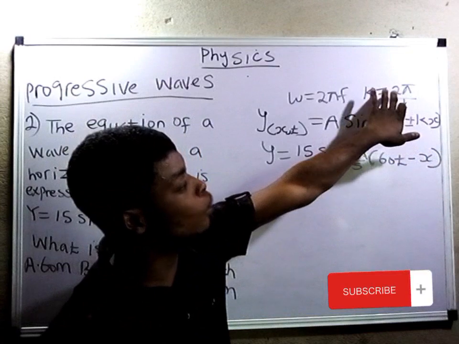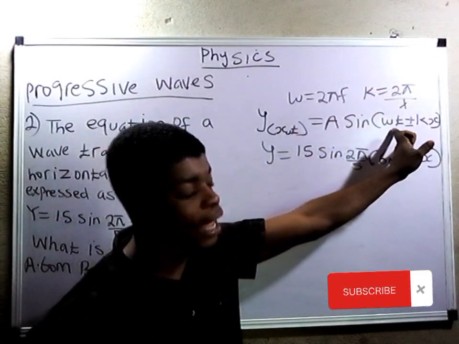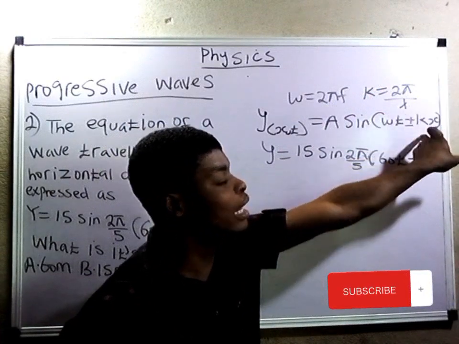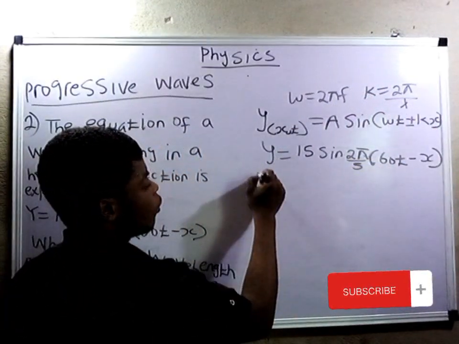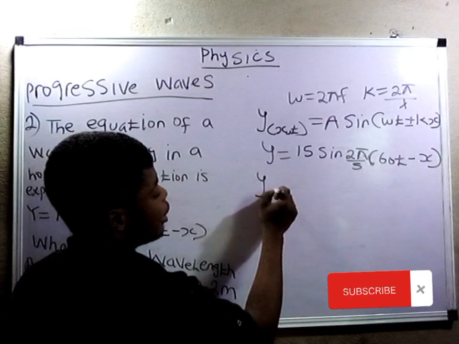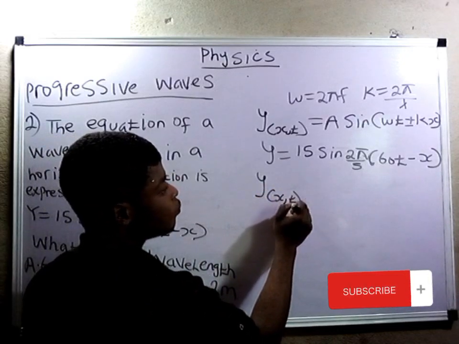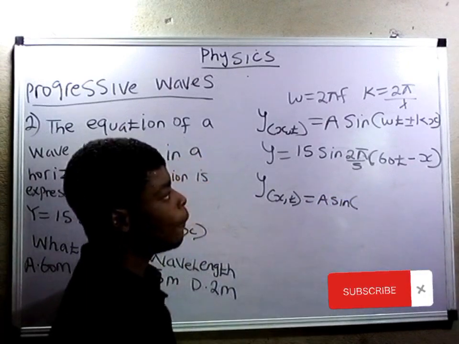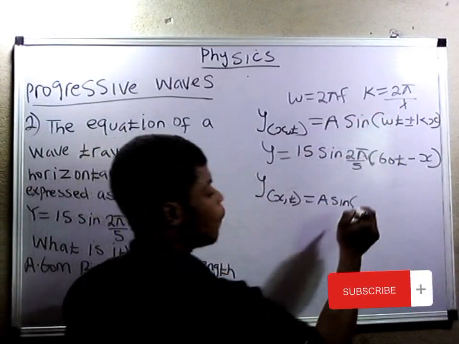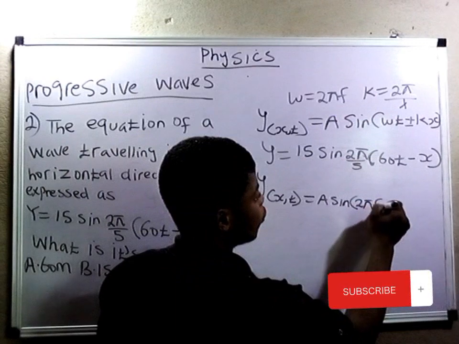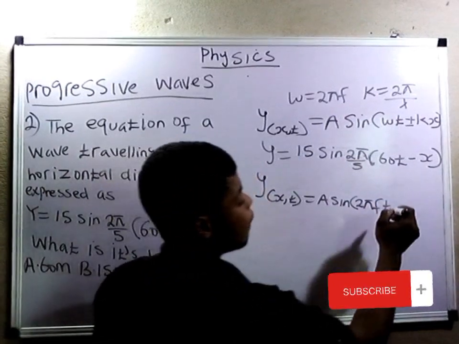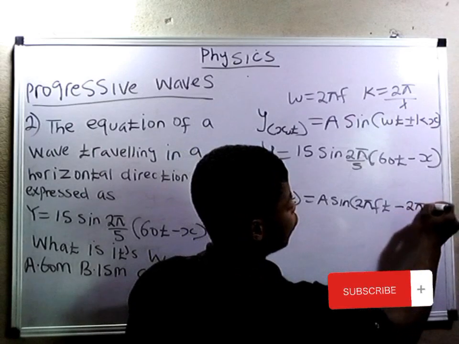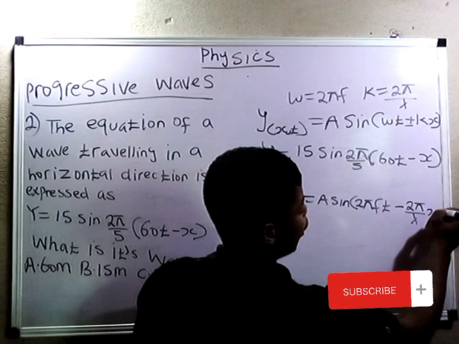Let's put these values by replacing w here with this 2 pi f and replacing k with this 2 pi over lambda, to be y of x and t equals A sine open bracket, w is 2 pi f, so 2 pi f t minus k, which is 2 pi over lambda, x.